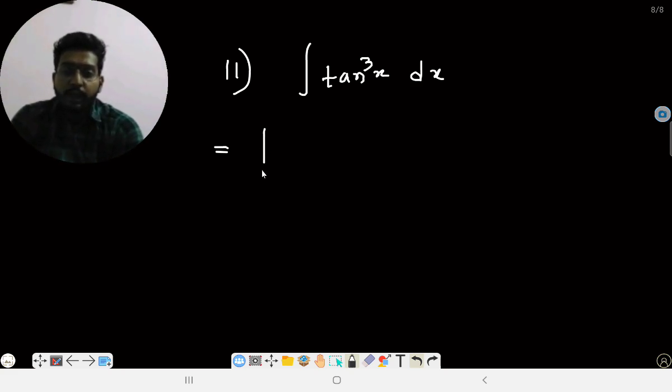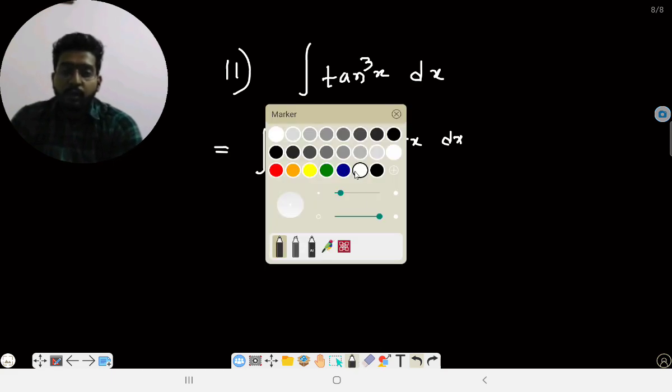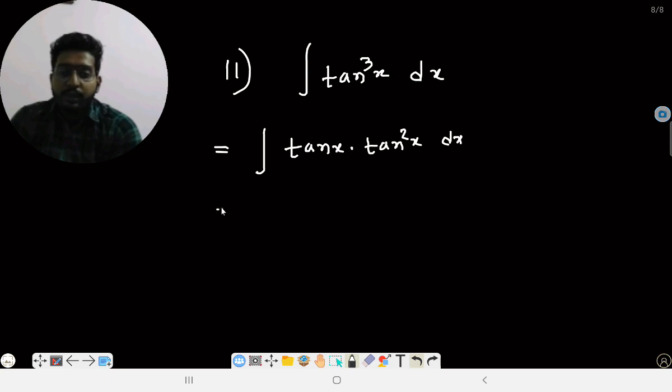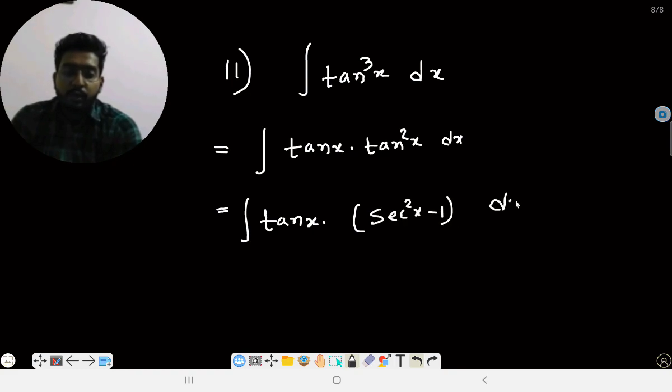For solving that, tan cube x can be written as tan x into tan square x dx. Now from here you can see this tan square x, we know tan square x can be written as sec square x minus 1 dx.